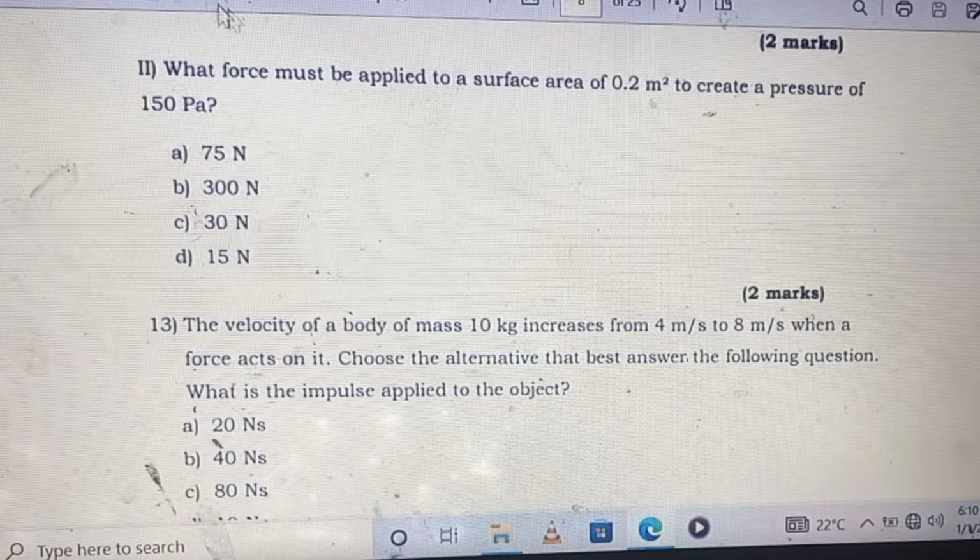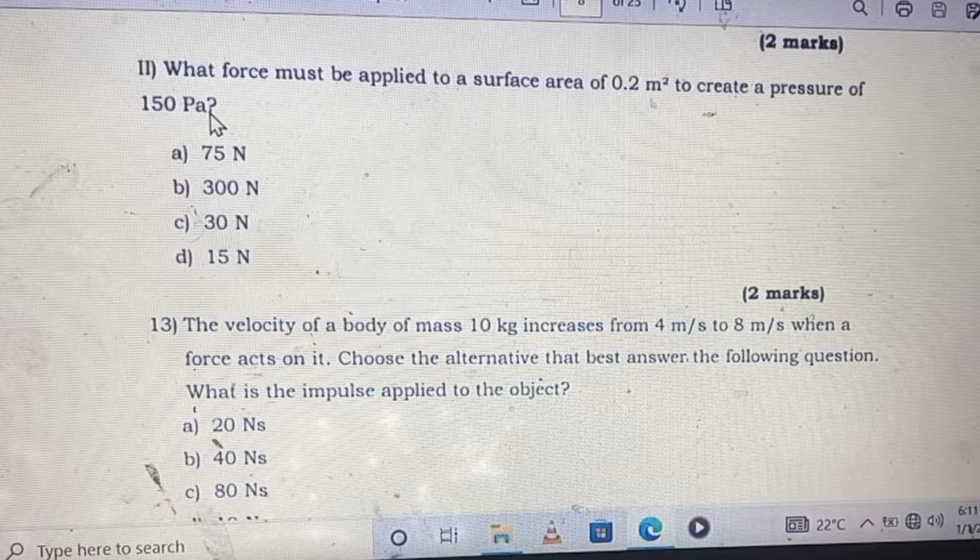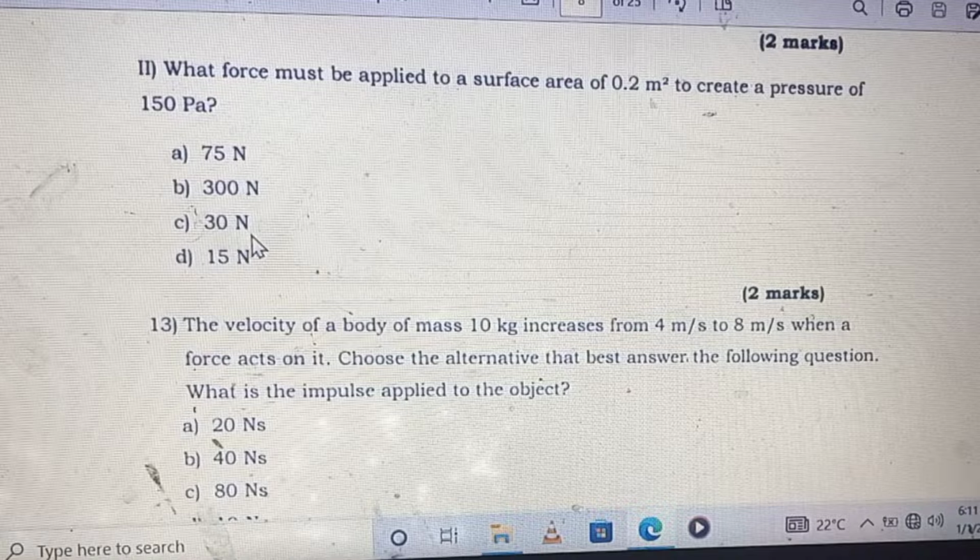I2. What force must be applied to a surface area of 0.2 meters squared to create a pressure of 150 Pascal? The correct option is C. 30 Newton.